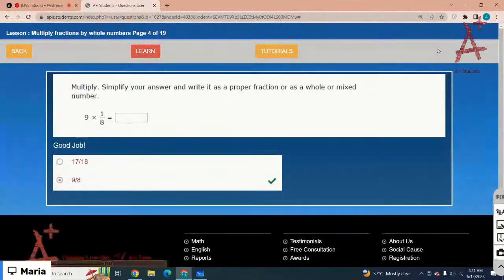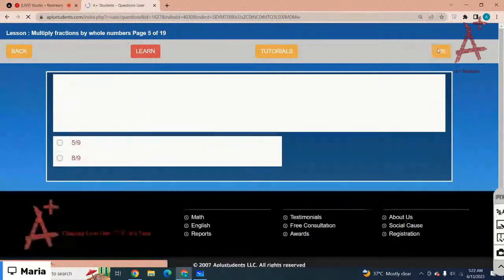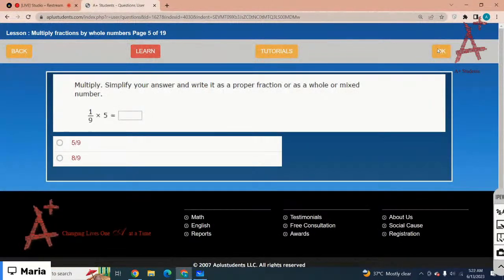Okay, the next one is multiply. Simplify your answer and write it as a proper fraction, as a whole number, or as a mixed number. So which is the correct option? Yes, very good. You have to do 5 times 1 and 9 times 1, so it would be 5 over 9.